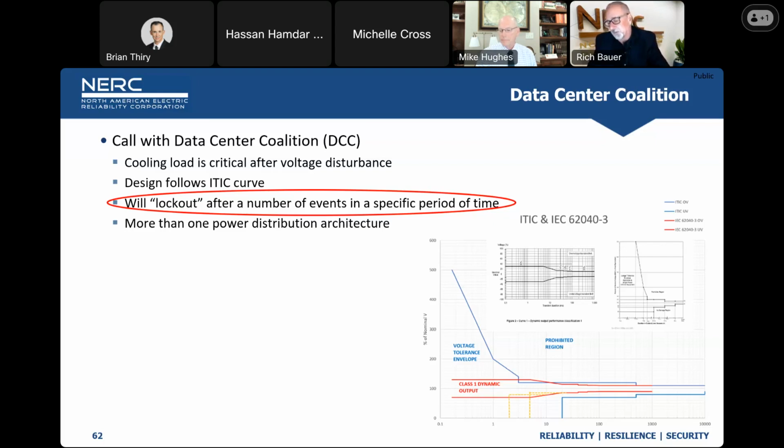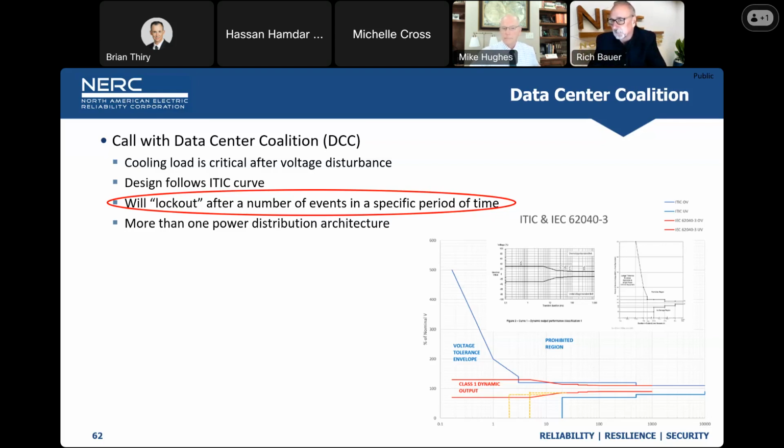And truly what we found, a little more detail into that, is that a real typical kind of protection/control scheme that the data centers employ is that if they see 3 disturbances, or in other words, if they see 3 like low voltage excursions within a certain period of time, they'll lock out from the grid.